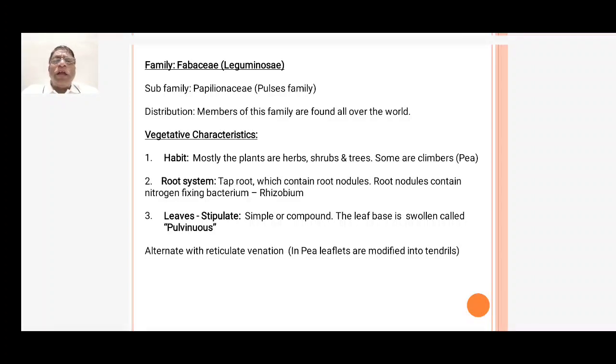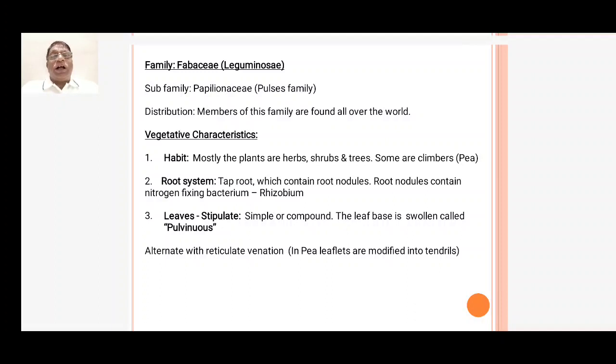Why the name Leguminosae? Because of the characteristic fruit, legume. Halasandikai, hesarukai, beans, batani kaigalannu legume, a type of dry fruit, dehiscent fruit.